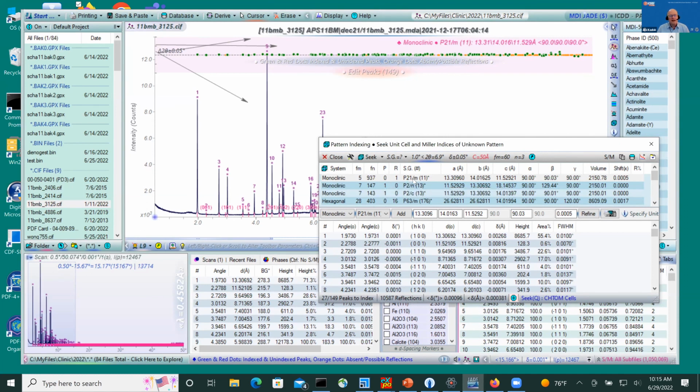It suggests symmetry. In fact, this is a chiral molecule, so it can't be P21/m, but turns out to be P21. This is the right unit cell, but you note that the beta angle is very close to 90 degrees. Initially, I made the assumption that that really was going to be 90 and that the structure was orthorhombic, and I could get a plausible structure solution out of it, but it wasn't really satisfactory.